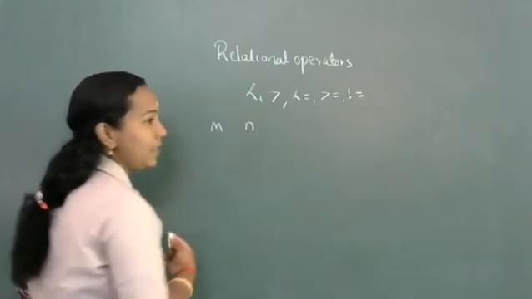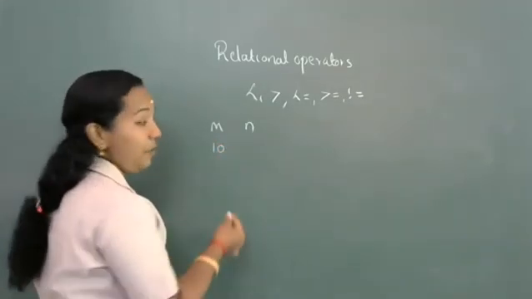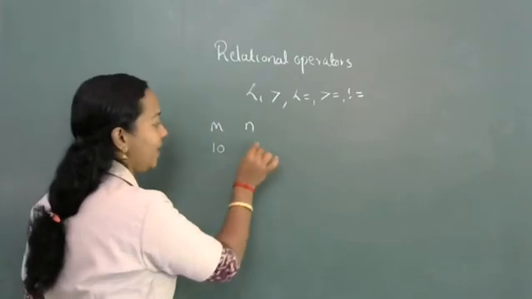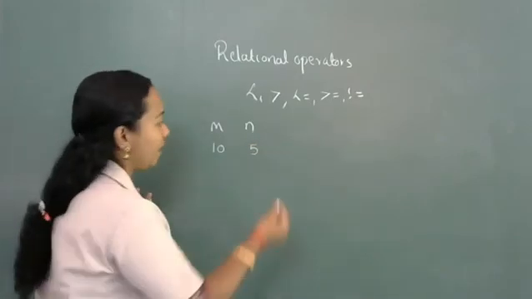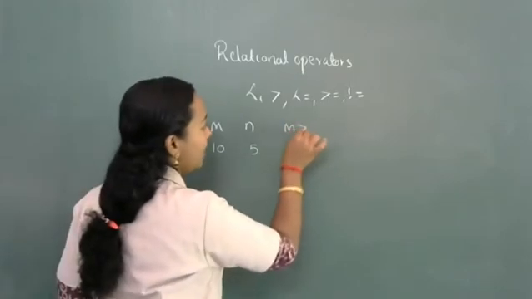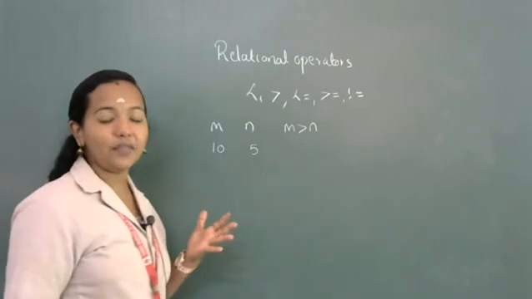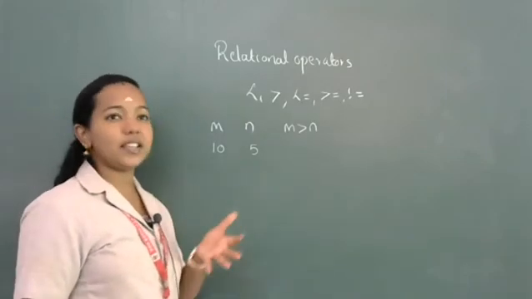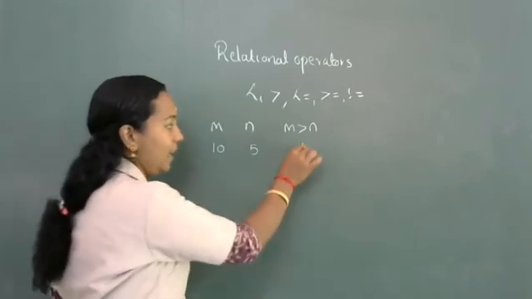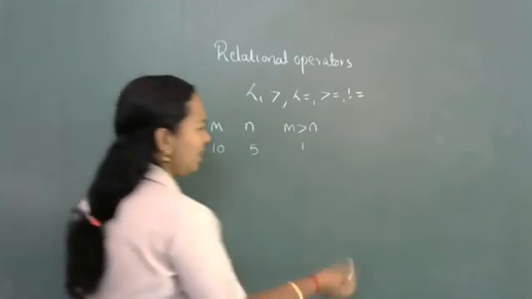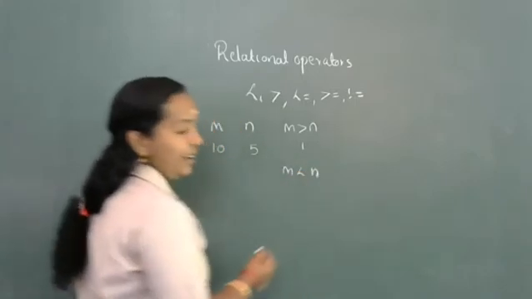Here two variables are present, m and n. The value of m is 10 and n is 5. Then we can write some relational expressions like m greater than n. What will be the value? 10 greater than 5, the condition is true. So we will get 1. Then another expression, m less than n.